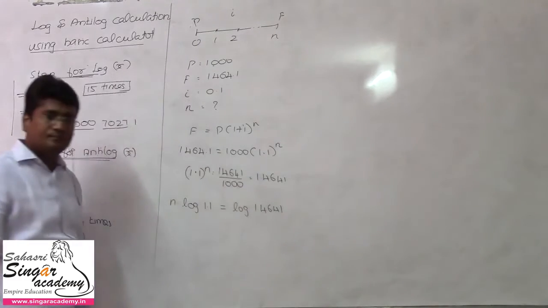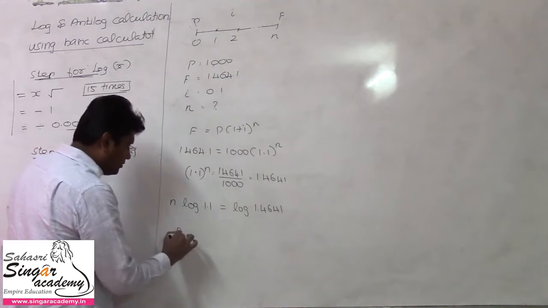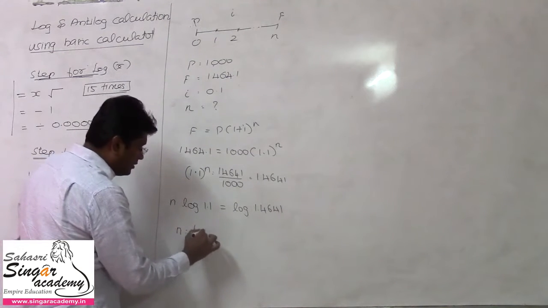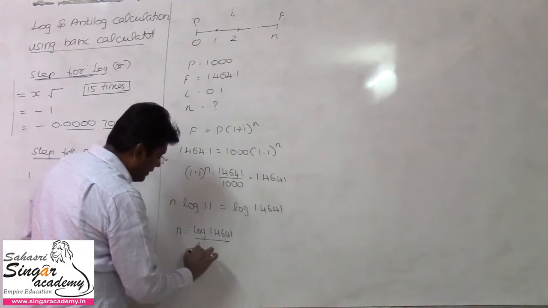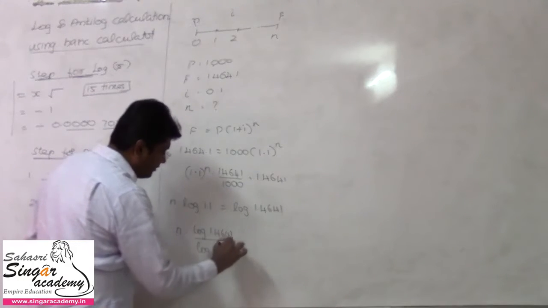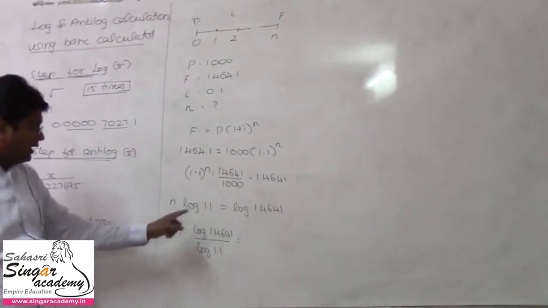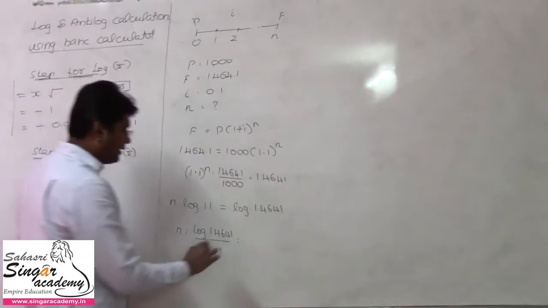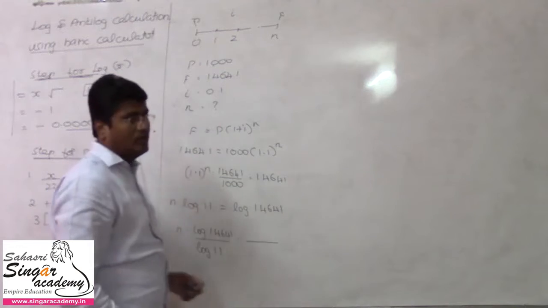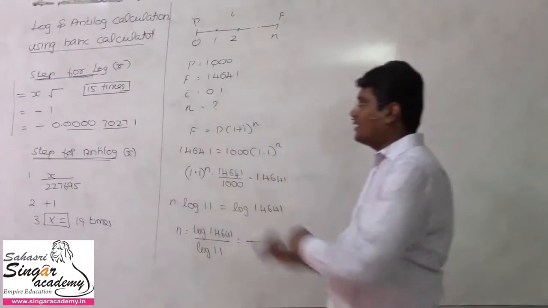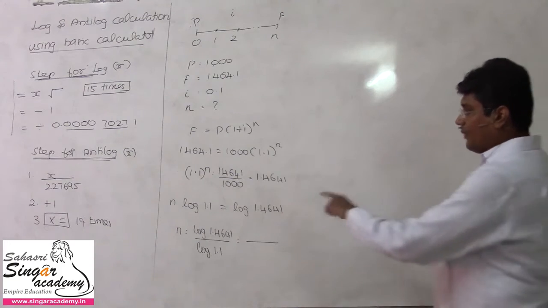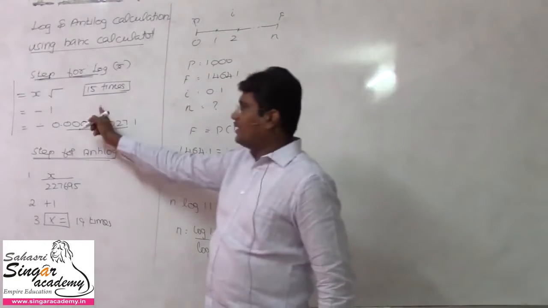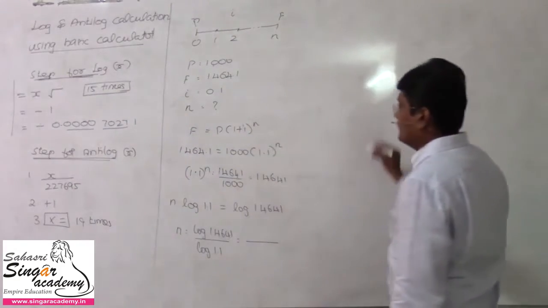And n is equal to log 1.4641 divided by log 1.1 will be the answer. Now you have to find what log 1.4641 is, and similarly the answer for log 1.1. Already we have the approximate formula to get the log here. Now to calculate for 1.4641, I am going to use the same format.